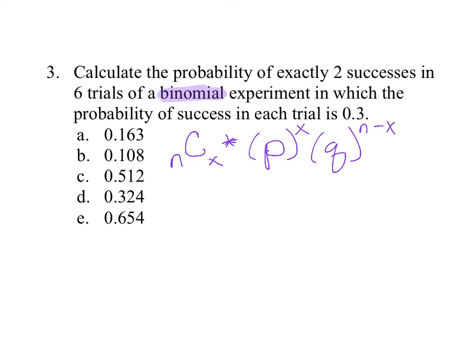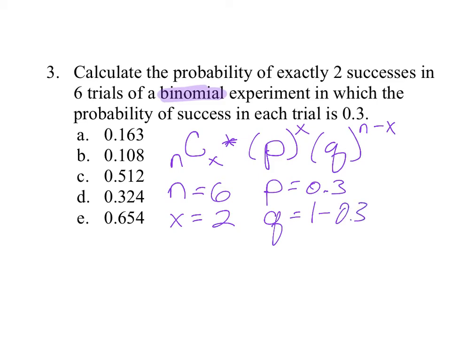All right, so in this case, n is the total number of experiments, 6 trials. x is the number of successes, so that's 2. p is the probability of a success, in this case 0.3. q is 1 minus p, so in this case it's 0.7.